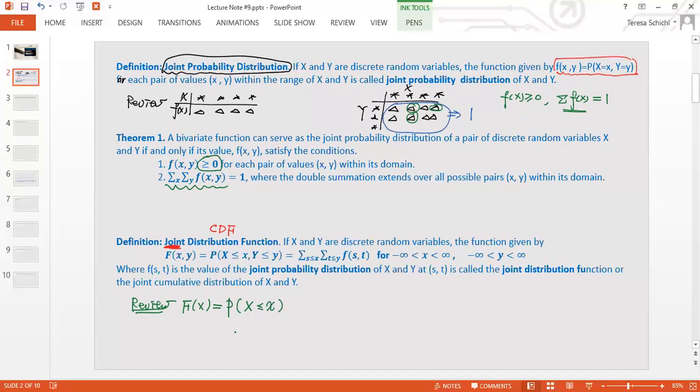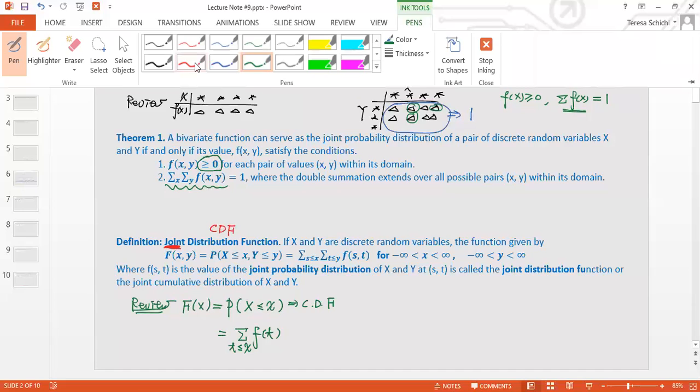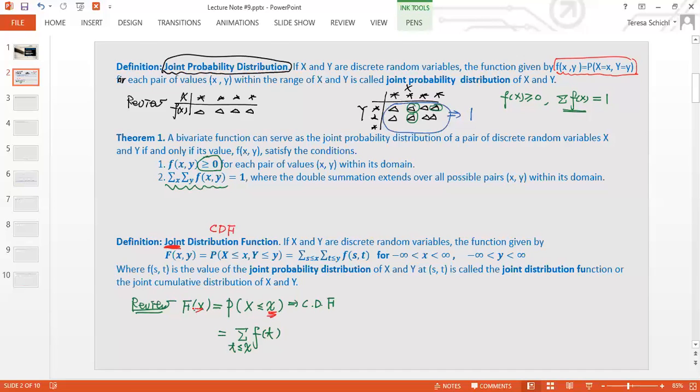Basically you add all the probability for all the t less than or equal to X. That's why we call this a CDF, the cumulative distribution function, all the way to these X values.